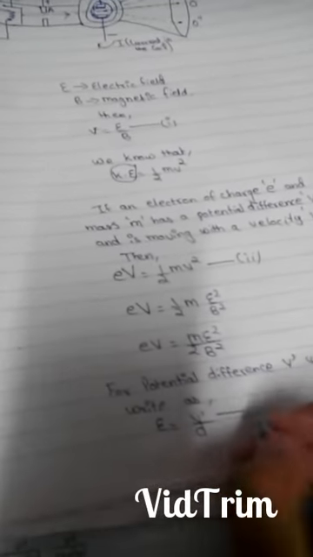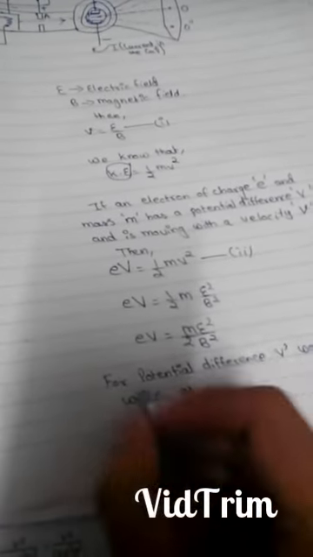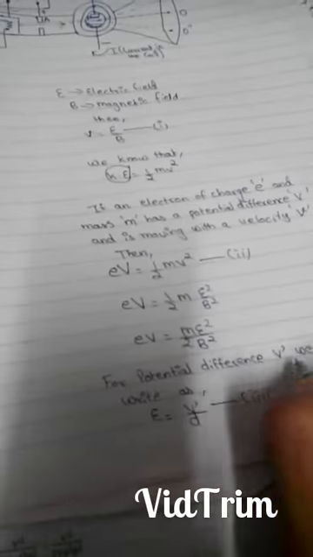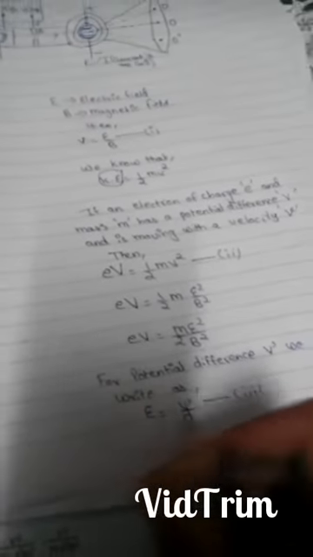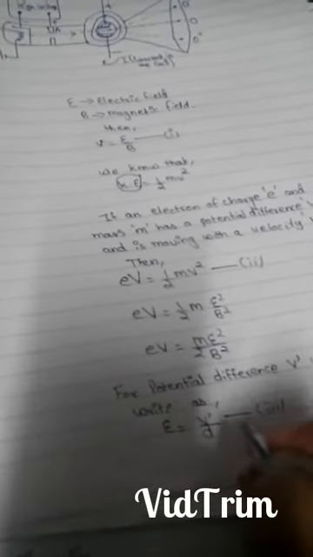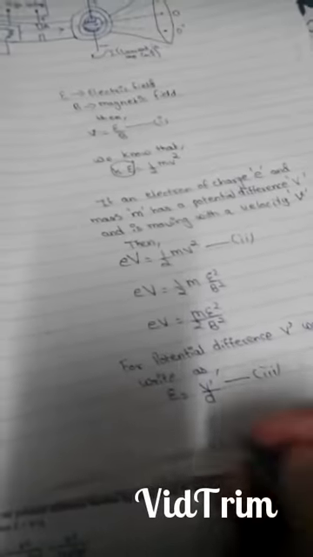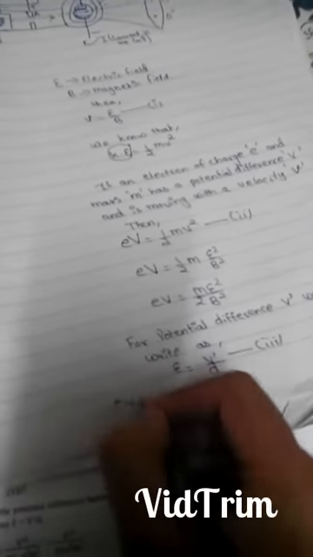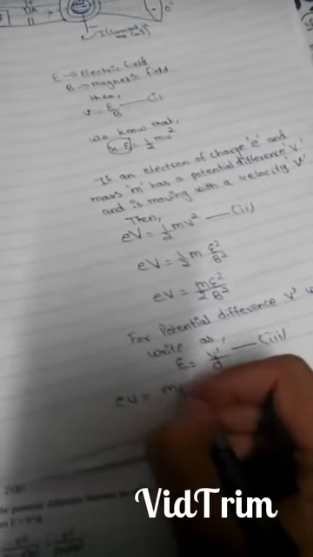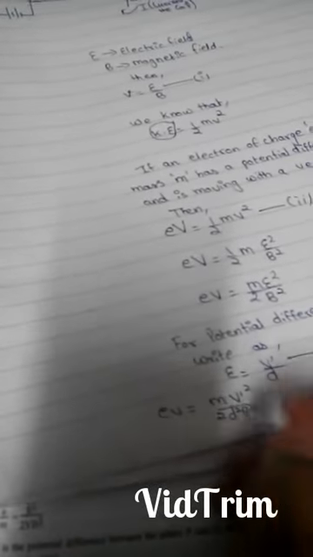Let this be the third equation. If the distance between the two plates is d, then we can write eV is equal to half m V dash square by d square B square.